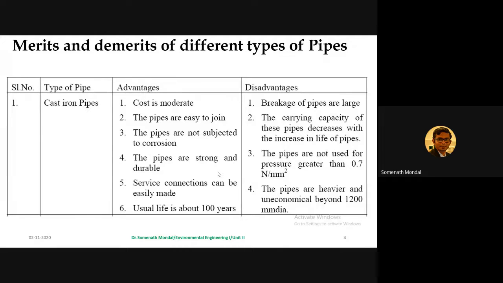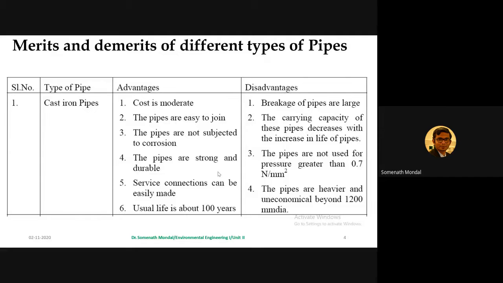So cast iron pipes are resistant to corrosion, and that is the reason it has very high longevity or durability. And their cost is moderate, is not huge. So in short, we say CI pipes. Like GI pipes, we have CI pipes. Their jointing is pretty much easier.